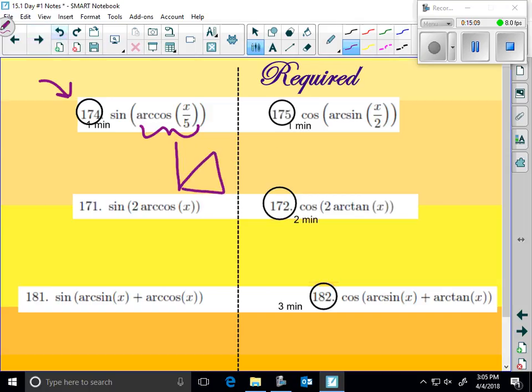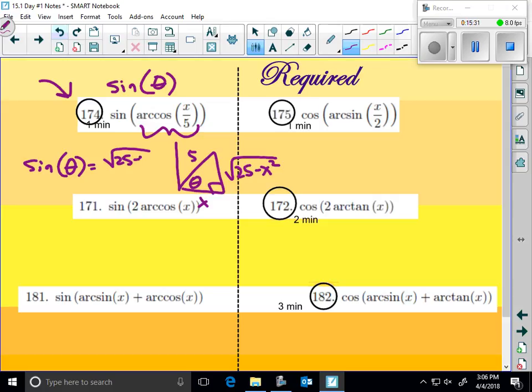So this side would be the square root of 25 minus x squared. Okay, so what is sine of that angle going to be? Well, the sine of that acute angle there would be the square root of 25 minus x squared over 5. All right, I want to do one more.